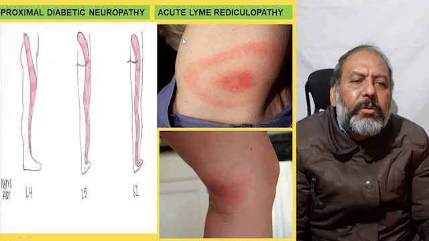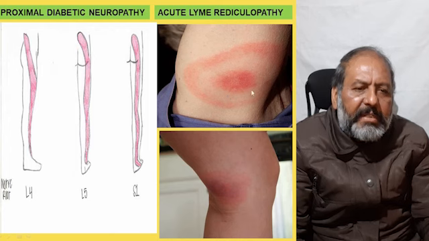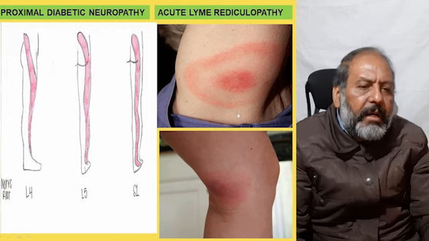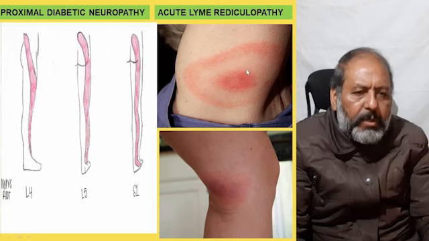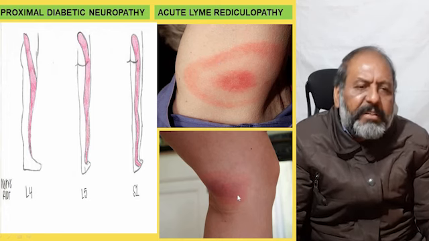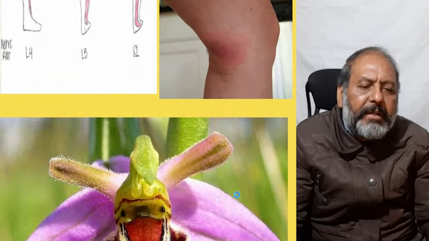Now, in acute Lyme radiculopathy, one can see this kind of rash here on the chest wall and here on the leg. So that is also giving the clue of Lyme radiculopathy.